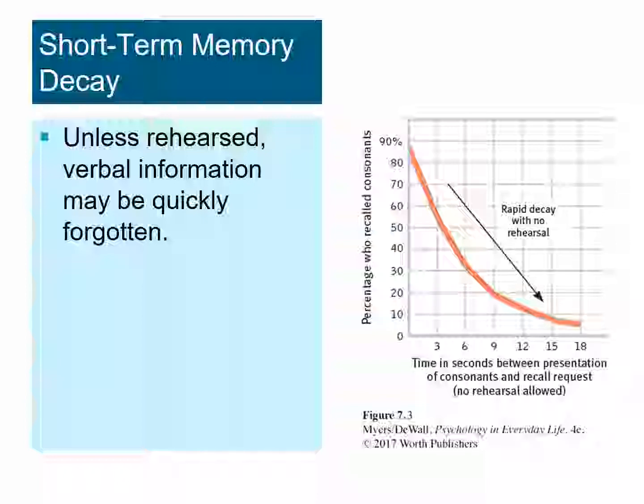You see that as time lapsed, they really couldn't remember what letter they had just been told. But if they're asked right away, they had almost 100% accuracy in what letter was told to them.